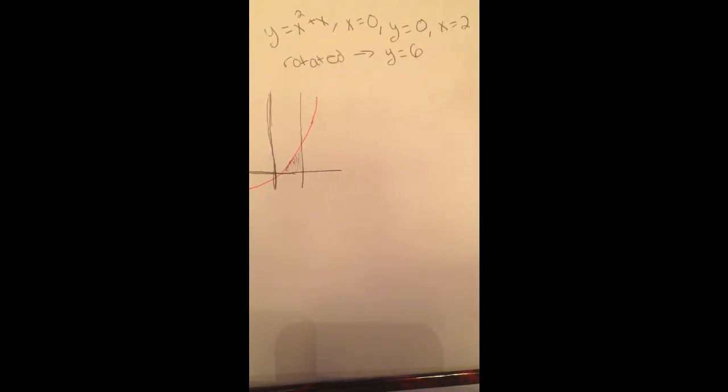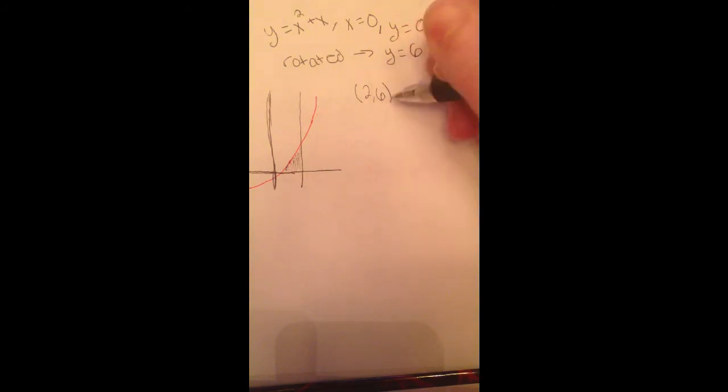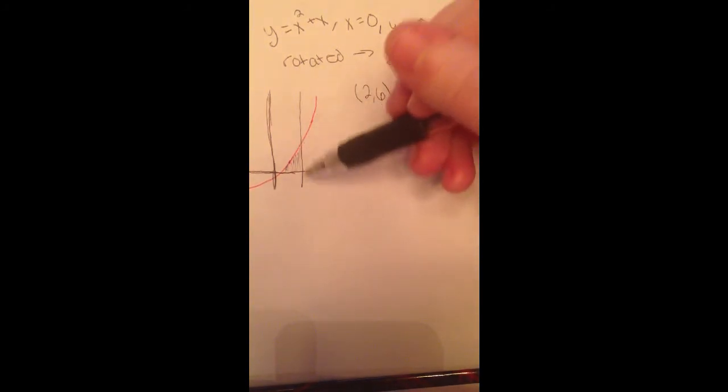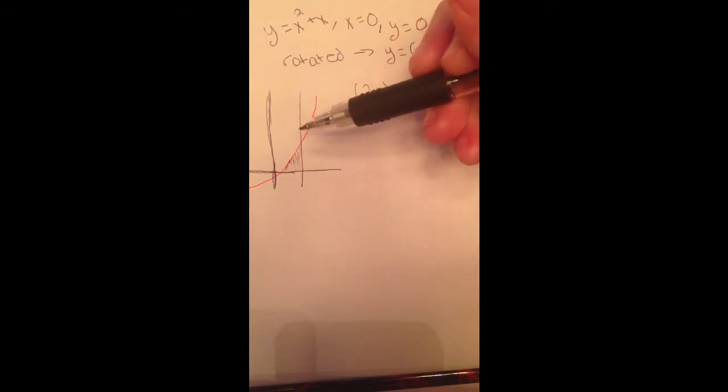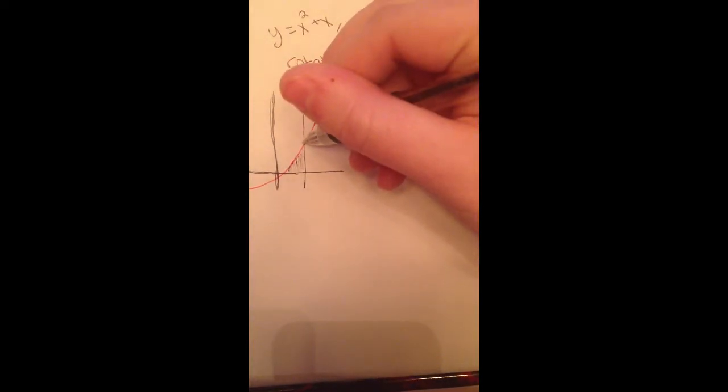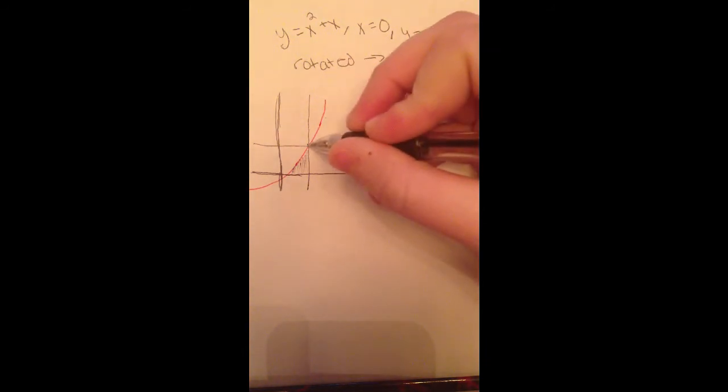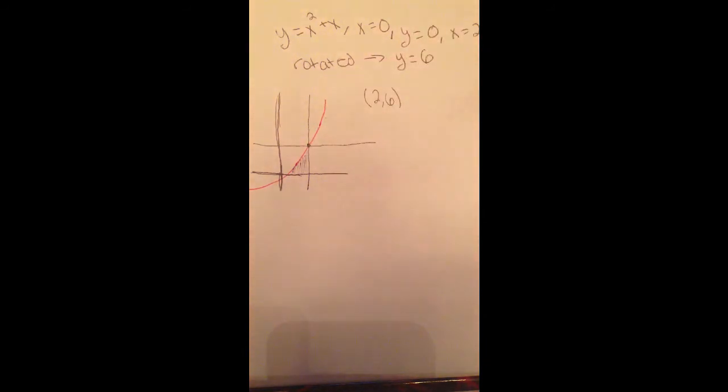Now, if we plug in 2 as x for this equation right here, then we end up getting 6. So there is a point (2, 6) on this graph, which means that on this line x equals 2, y equals 6 is going to intersect the parabola at that same place. So we know that y equals 6 is going to be right here, crossing this point right here.